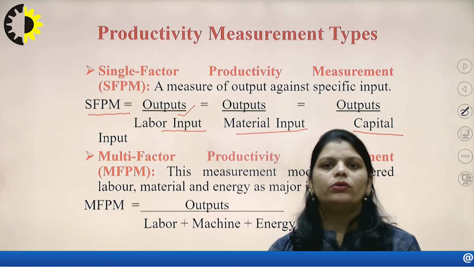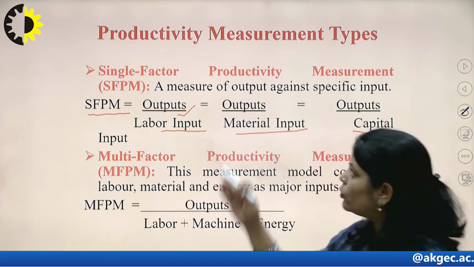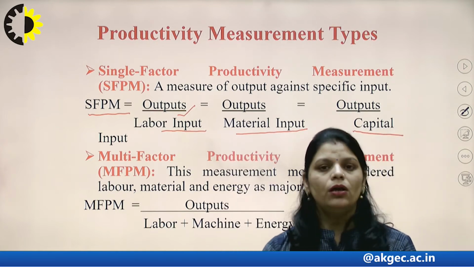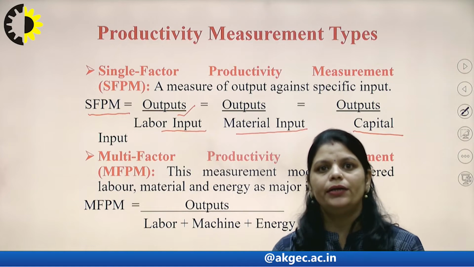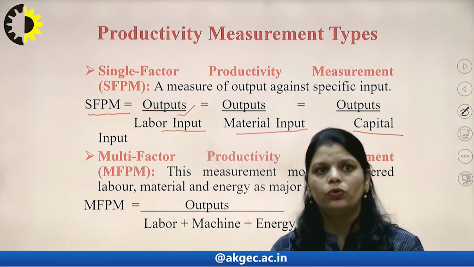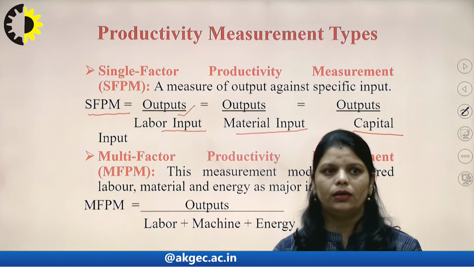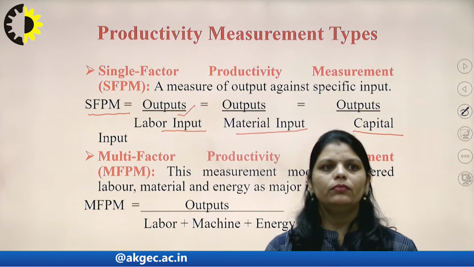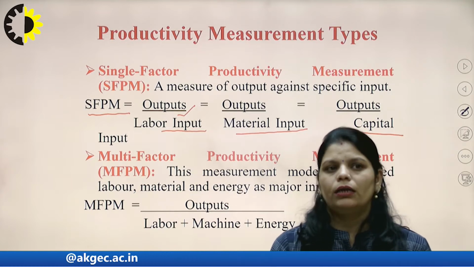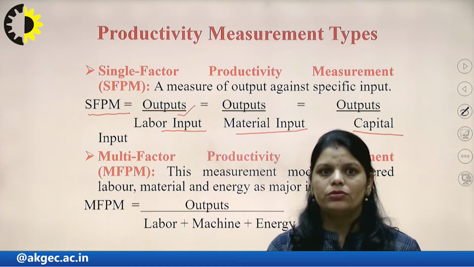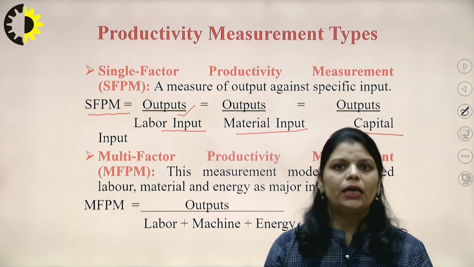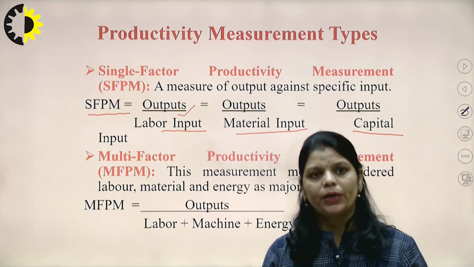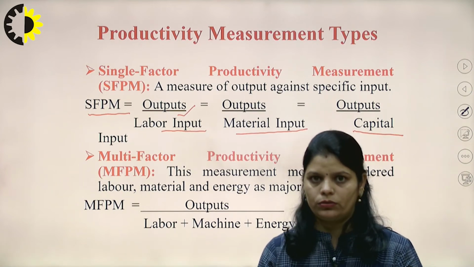If we talk about the advantages of this particular productivity measure, it is easy to obtain relevant data and easy to comprehend. And it is a good diagnostic measure to identify the areas of improvement by evaluating the inputs separately across the output.